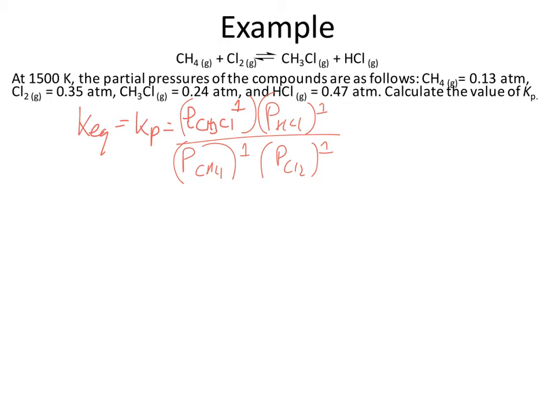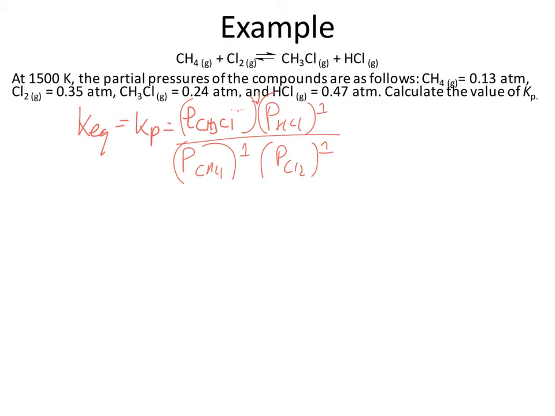Now, just a note, this 1 over here should be on the outside of our bracket, just right over there. Okie dokie. So we have our general equation set up.